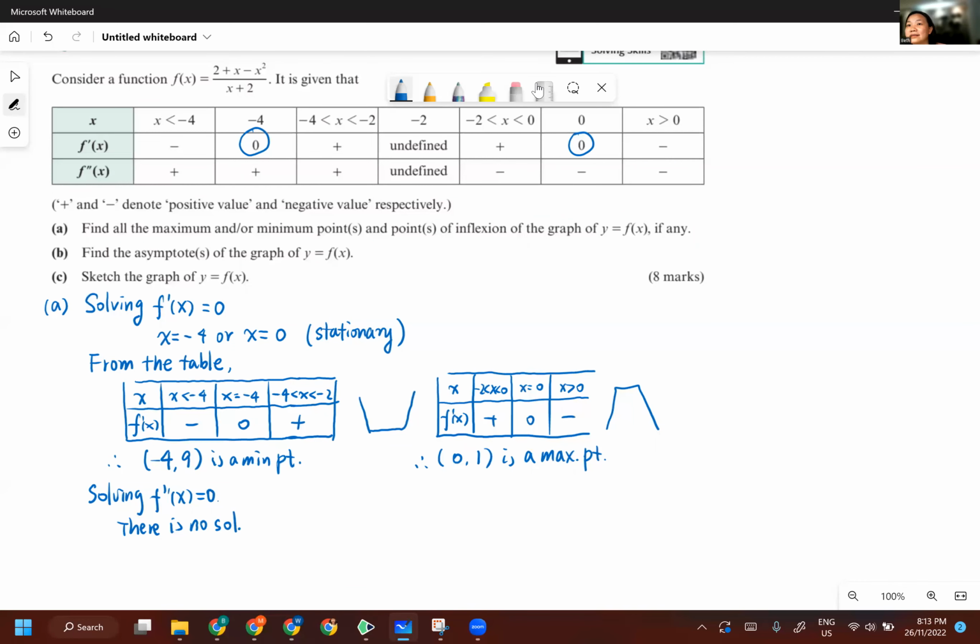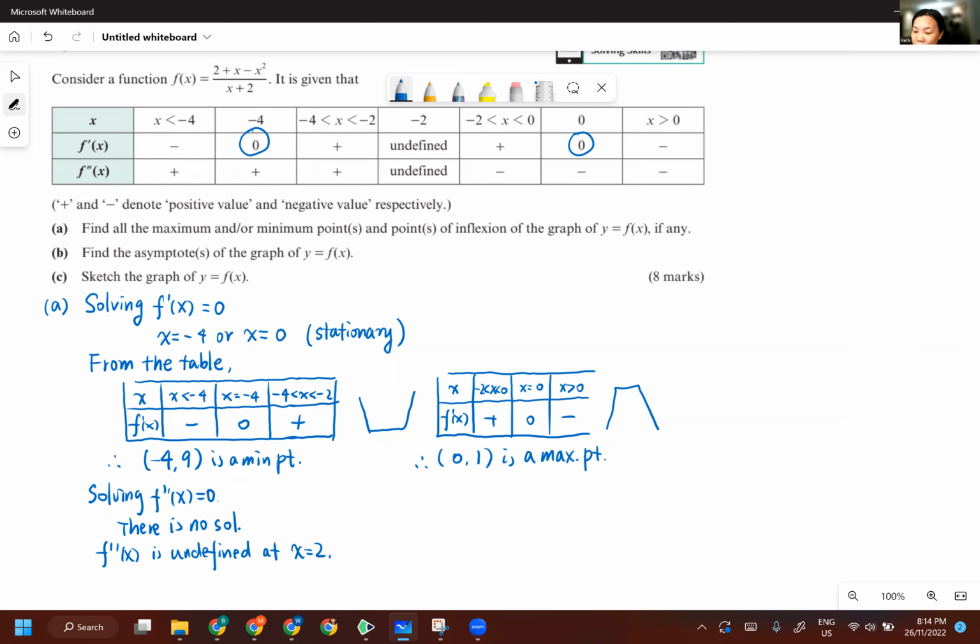But does that mean we don't have any point of inflection? Not necessarily, because there are still some other points that may qualify. You should also notice that f prime prime x is undefined at x equal 2. When it's undefined, you should also test it.